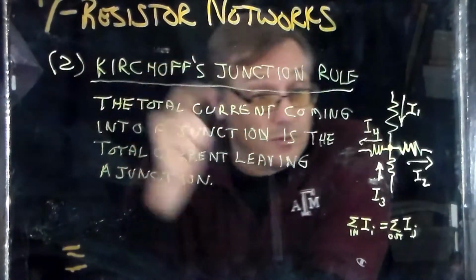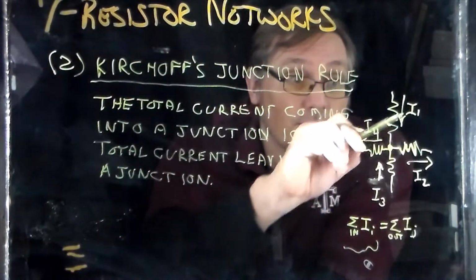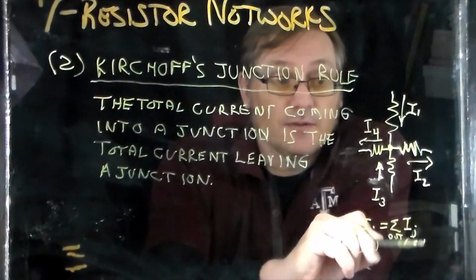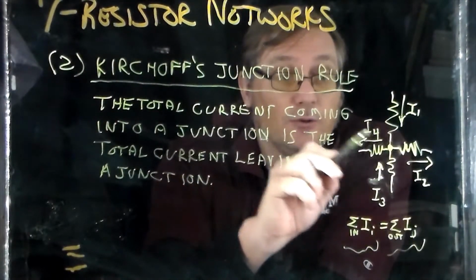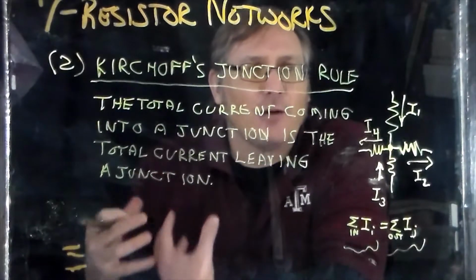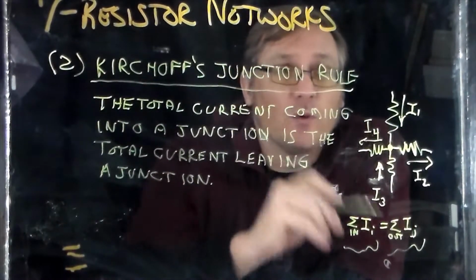Okay, so this is your total current in, I1 plus I3, let's say. This is your total current coming out, I2 plus I4. And they can be any combination. You just have to keep track of which way the current's going.